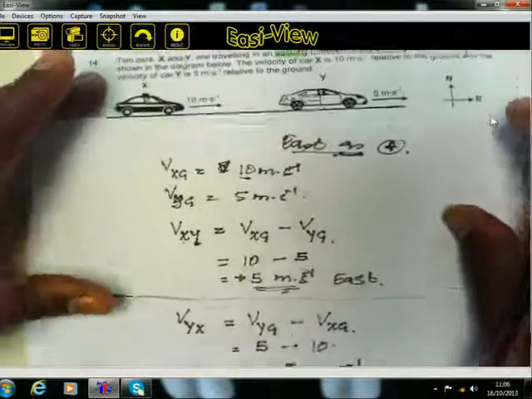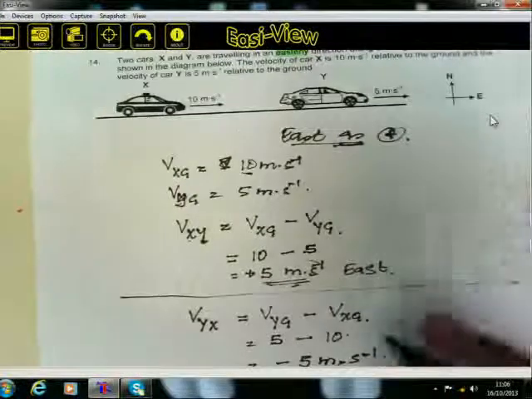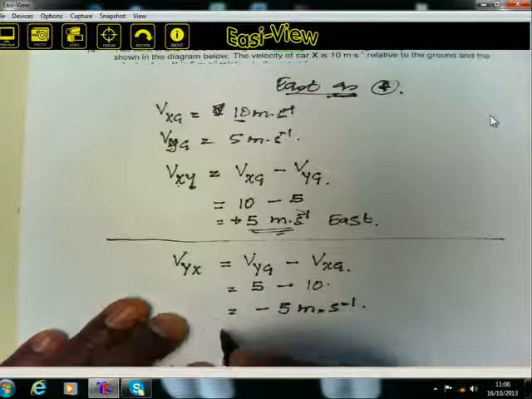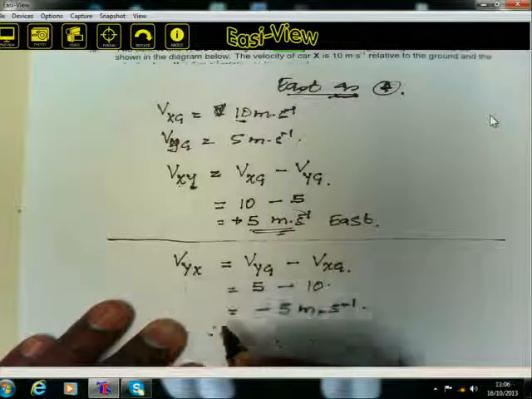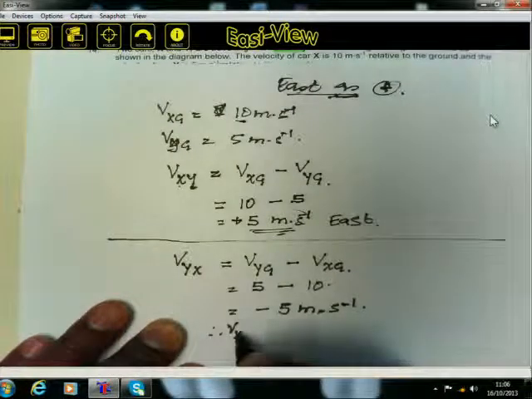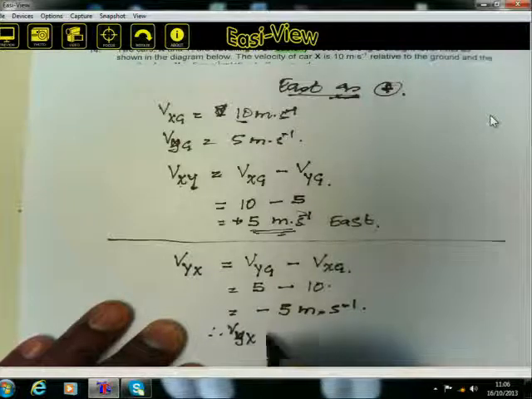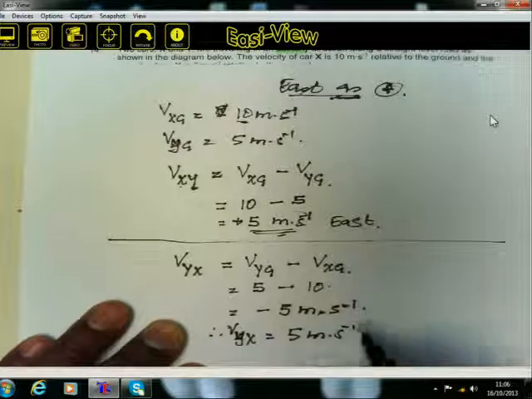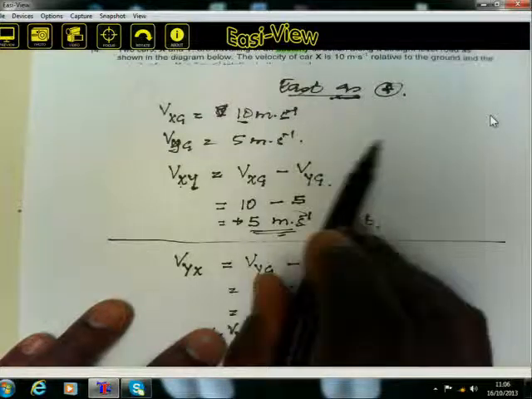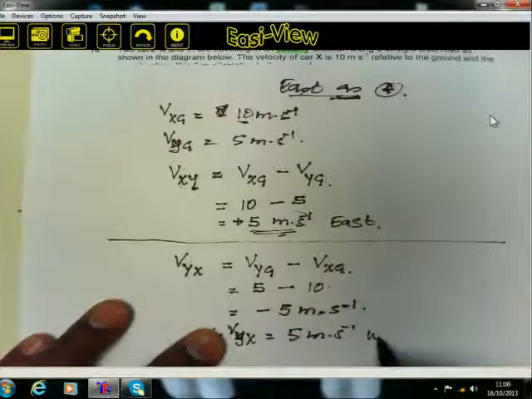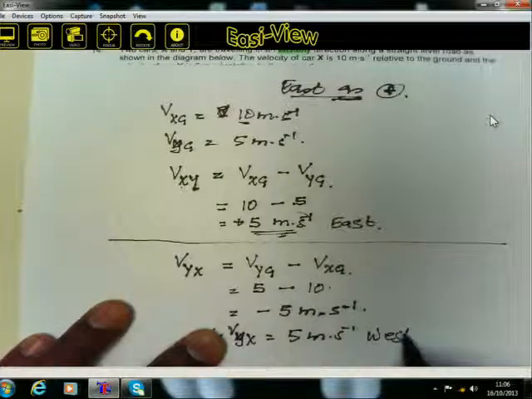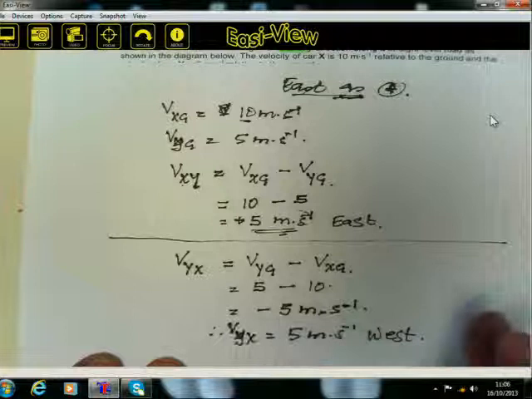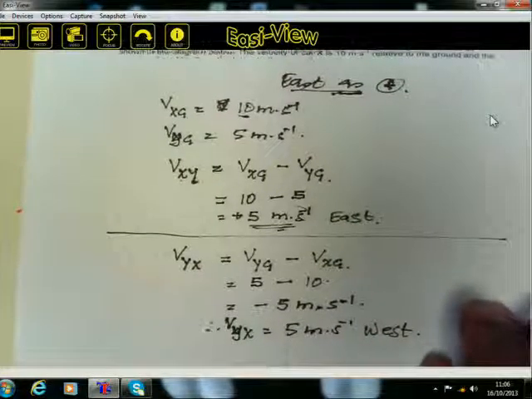And what does that tell us? We can interpret this to say that the velocity of y with respect to x is 5 meters per second, but because it is negative and we said east is positive, this will be west. What does this mean to us?